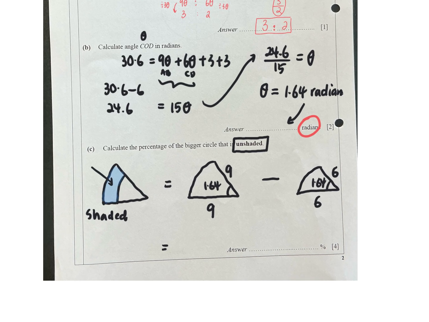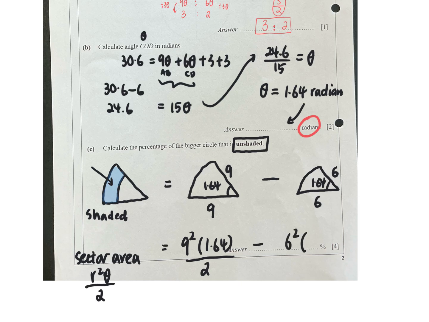Can. We continue. Okay, so remember, the sector area formula is r squared theta over 2. So we will use the same thing, r squared theta over 2, then r squared theta over 2.